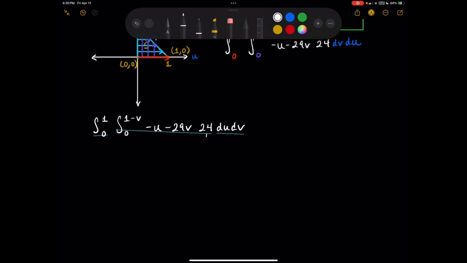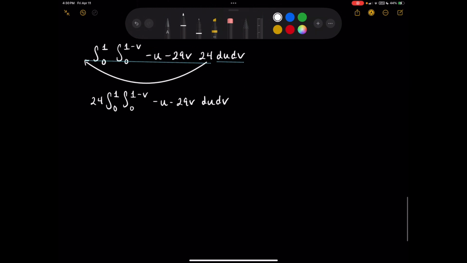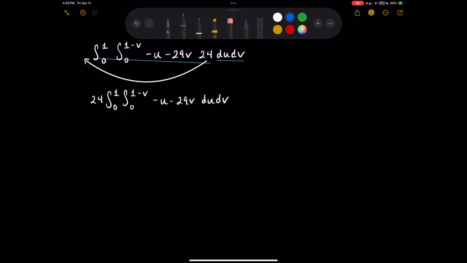So when you have something like this, you can actually bring the constant out to the front. So let's go ahead and do that. So we got 24 times the integral from 0 to 1, integral from 0 to 1 minus v, of negative u minus 29v du dv. And so now let's just focus on this inner integral first.